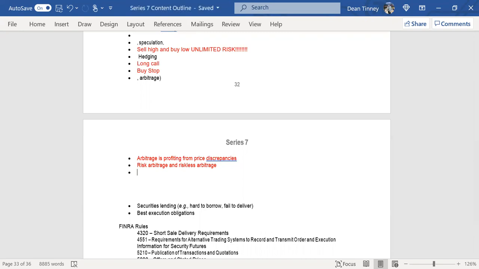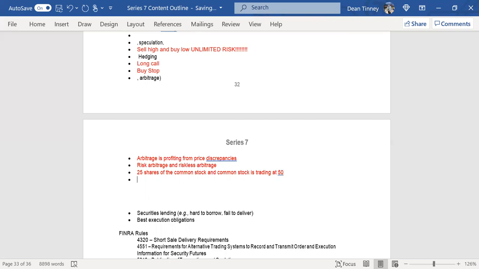Let's say that we have a bond that is convertible into 25 shares of the common stock, and the common stock is trading at 50. And so $50 a share.